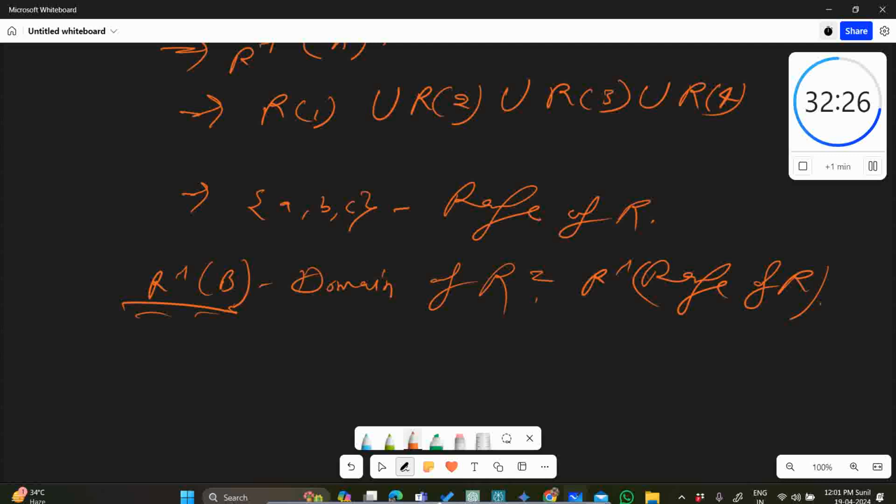Domain of R is equal to R inverse of the range of R.